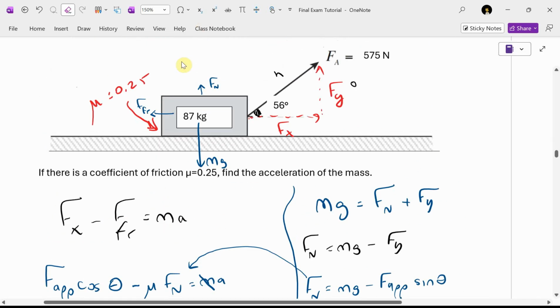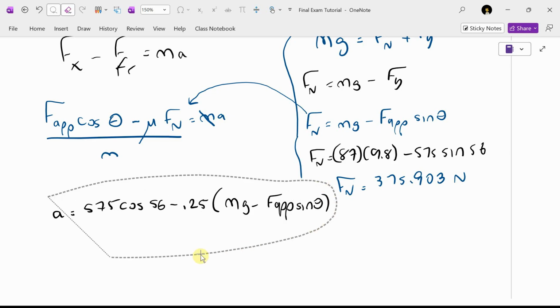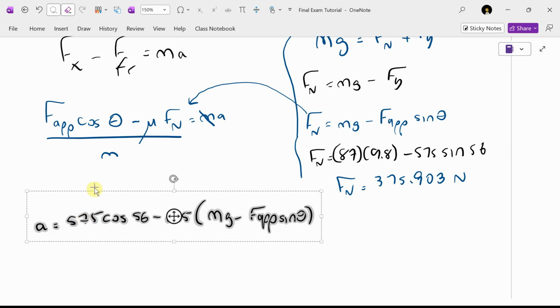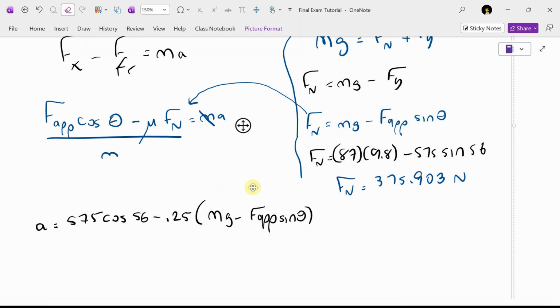I don't know, what's mu with you? 0.25. And then you could either go mg minus F applied sine theta. I need to move this down a little bit because I'm overlapping. Or you could just put your answer button right there.